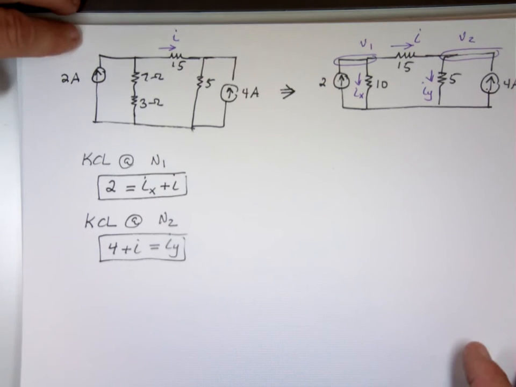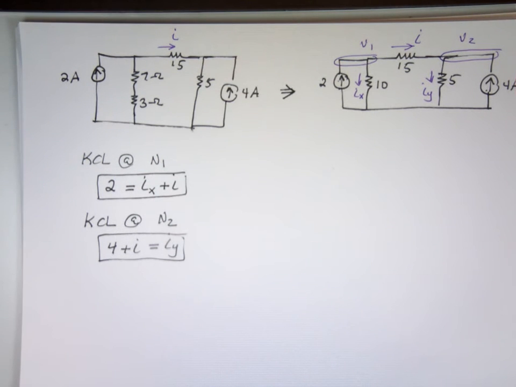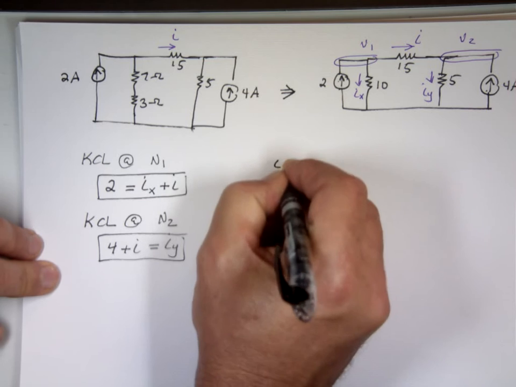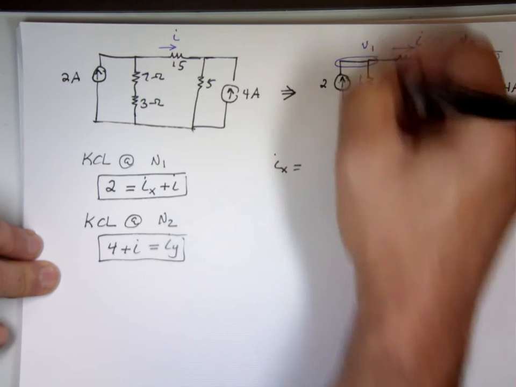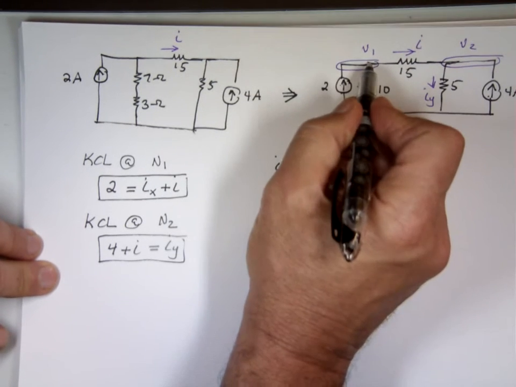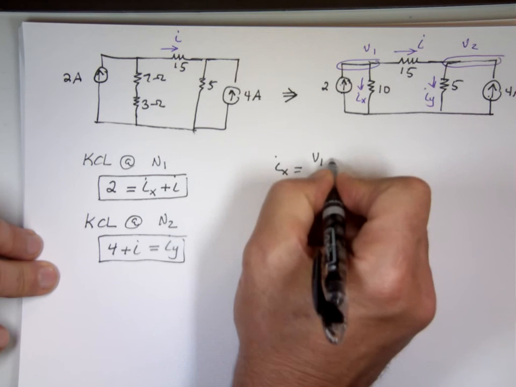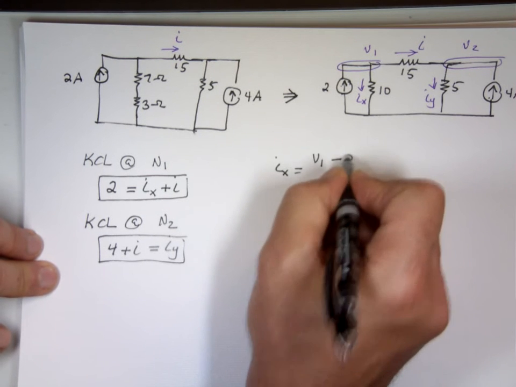I need to take these equations and rewrite them. Rewrite them in terms of what? V1 and V2. So here we go, I sub x. I made it pointing down. So it's this voltage on the top, which is V1, minus what's on the bottom, which is 0, divided by 10.